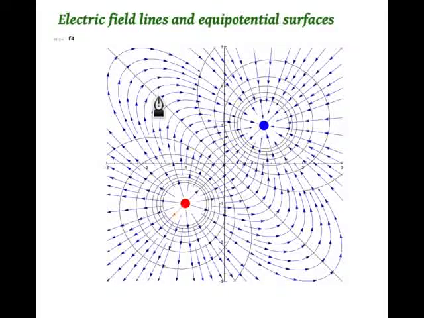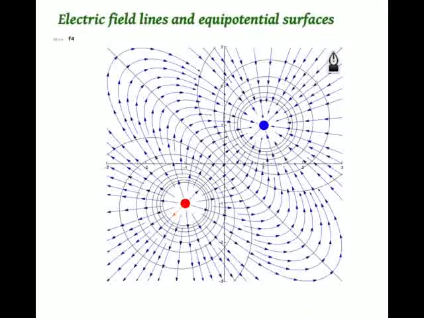So this is like a contour plot. Think of it as a plot of altitude as a function of position. It's like a topographical map. The electric field points in the direction of decreasing electric potential.